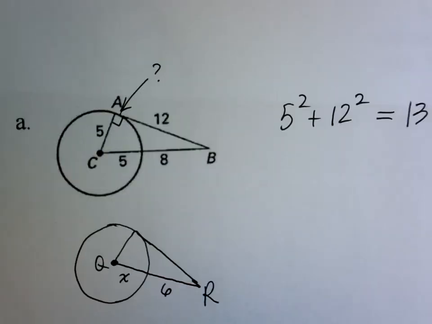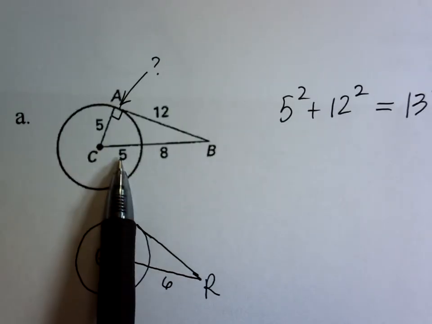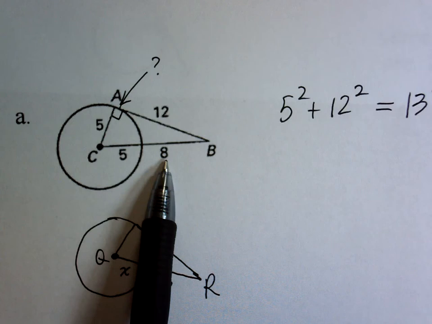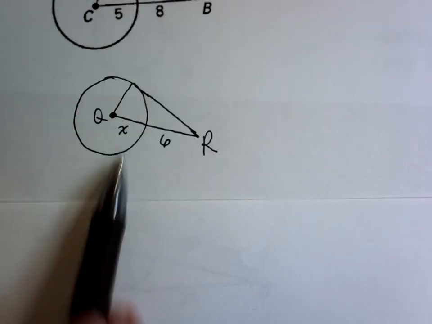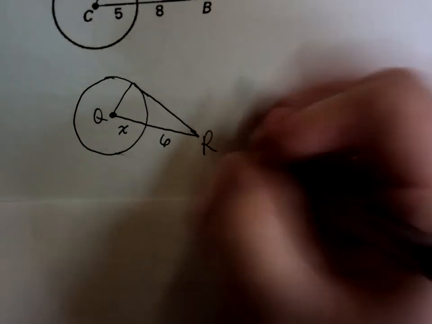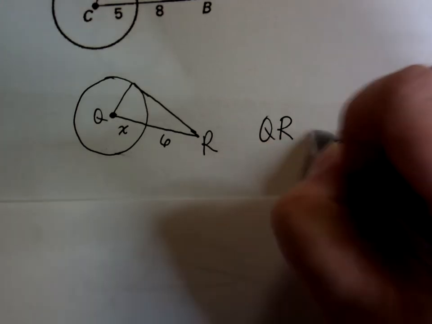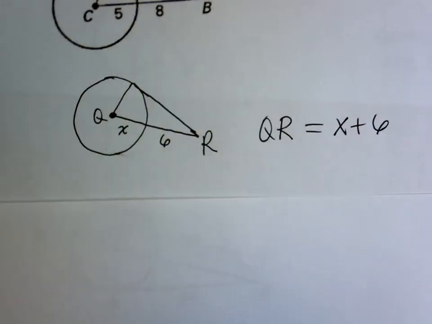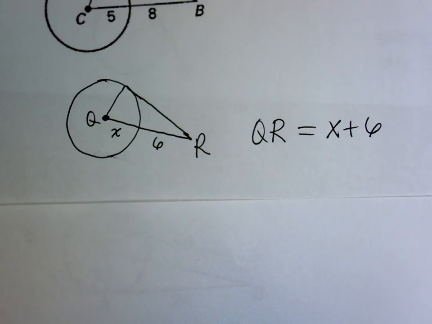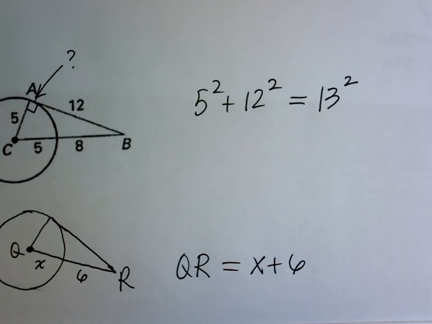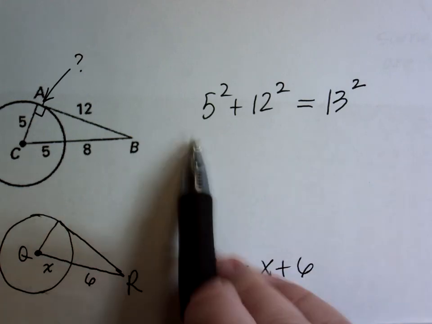No, we don't multiply to get the total length. I did not do 5 times 8, I did 5 plus 8. So the total length of QR is x plus 6. So keep that in mind. If we want to find the length of a segment from the parts, we're adding the parts, not multiplying the parts.